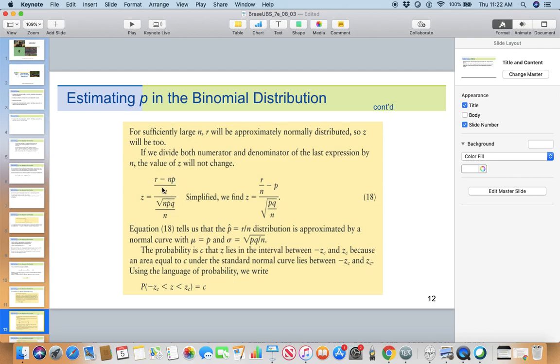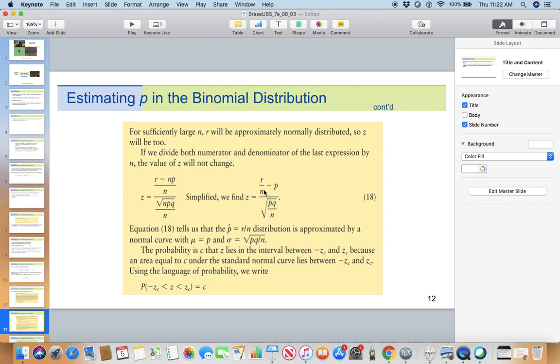Division here distributes, so R over n minus NP over n. The n's cancel and you have a P. Here, that's square root NPQ. This n, when it goes inside the square root, becomes n squared, and one of the n's cancels, so you have square root of PQ over n. The n is inside the radical.